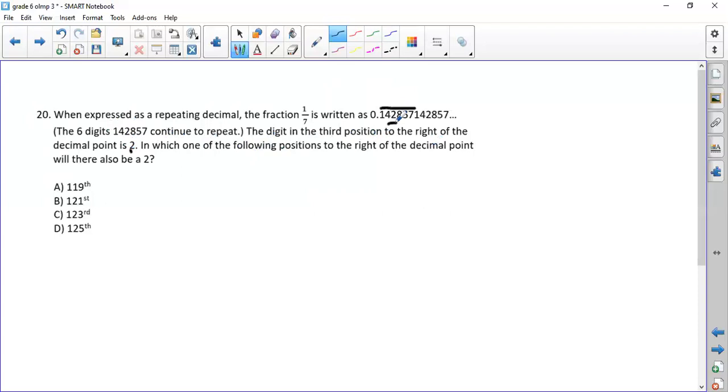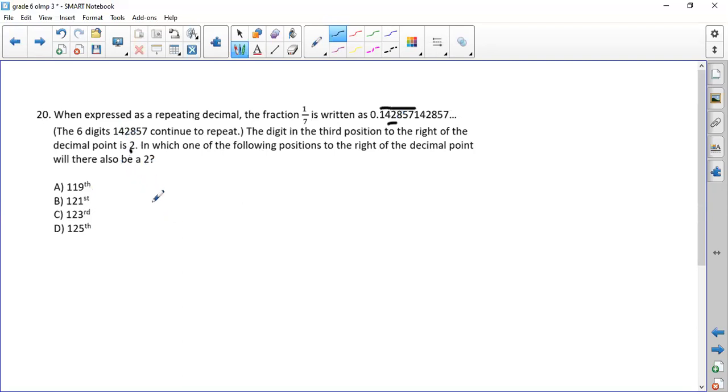In which of the following positions to the right of the decimal point will there also be a 2? Now we have to check in which of these positions we'll have 2 again. To do this, we have to know the number of the repeating digits. There are 6, and 2 is in the 3rd position.